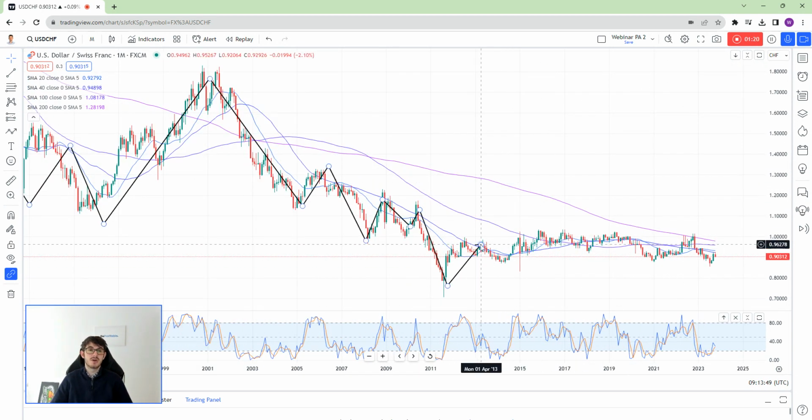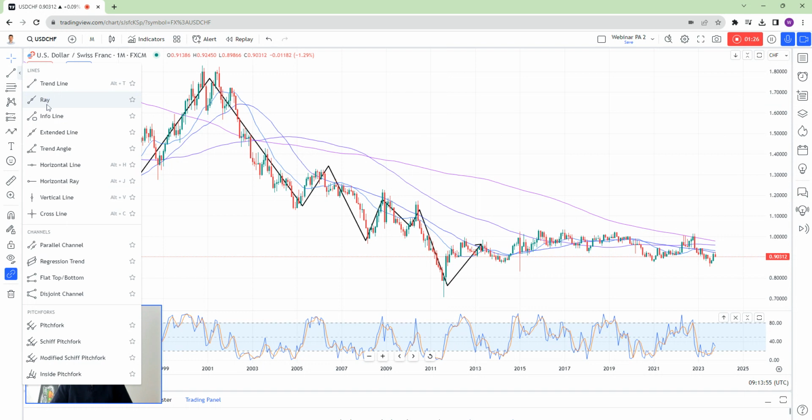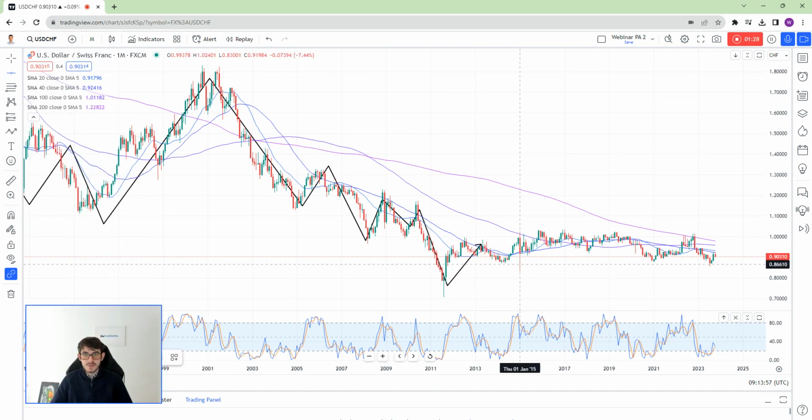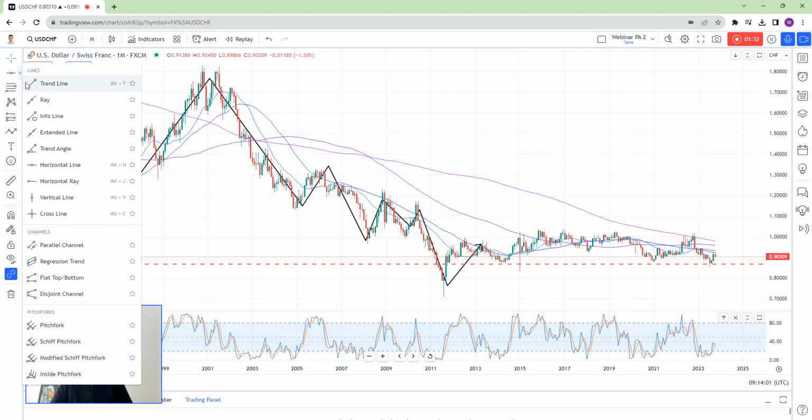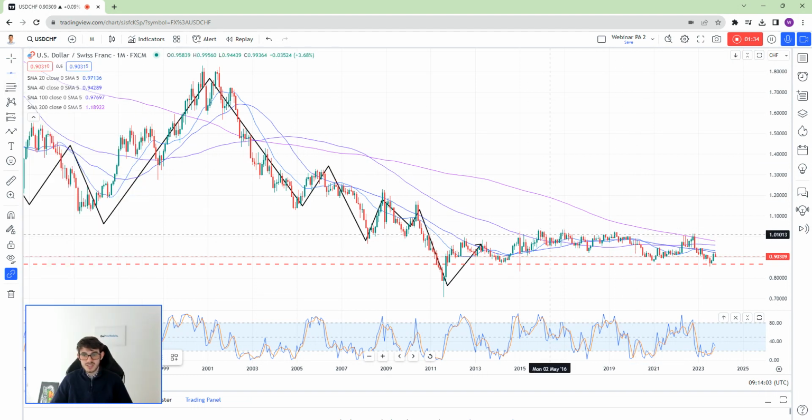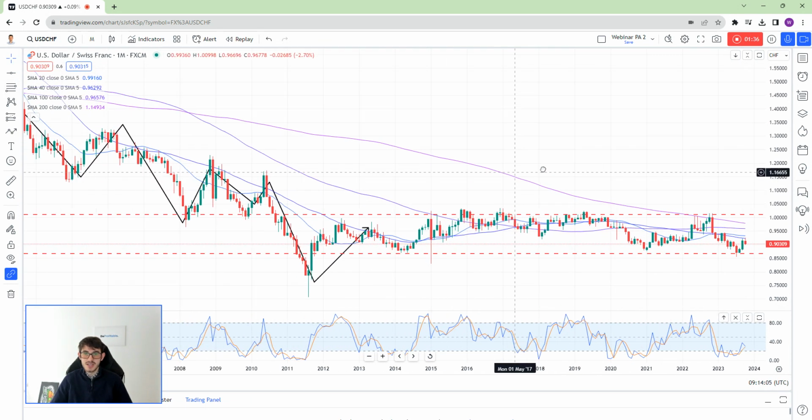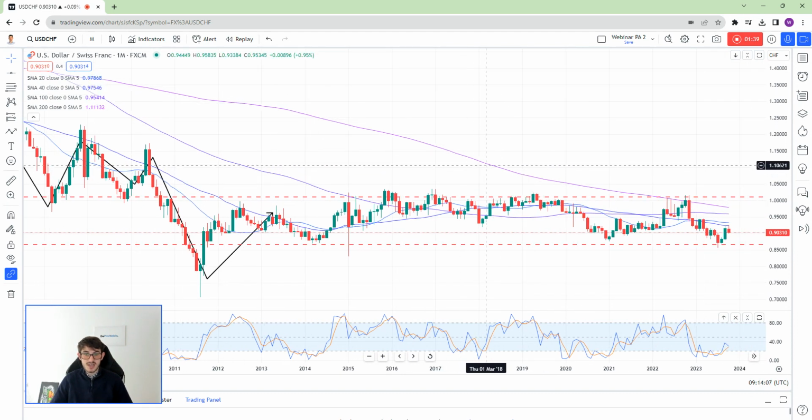So if you traded this market sideways since 2013, or in fact earlier in 2011, just as we came out of the financial crisis, you would have done quite well just buying at support and selling at resistance while the market moves sideways. You could practically have made an income just trading that way.